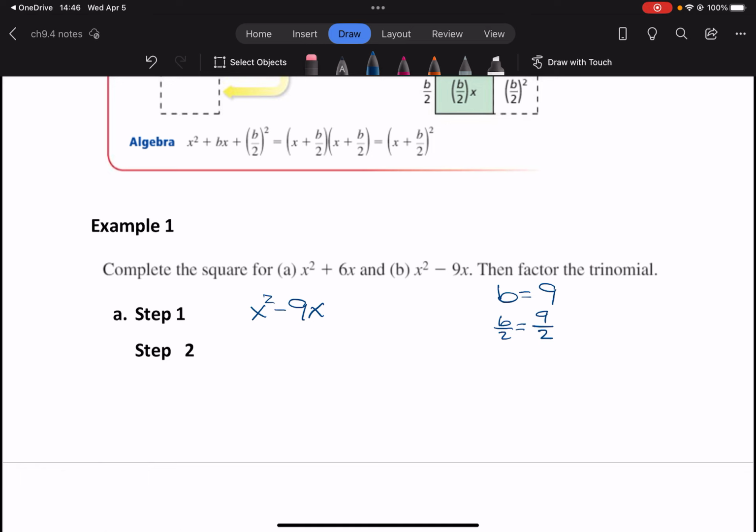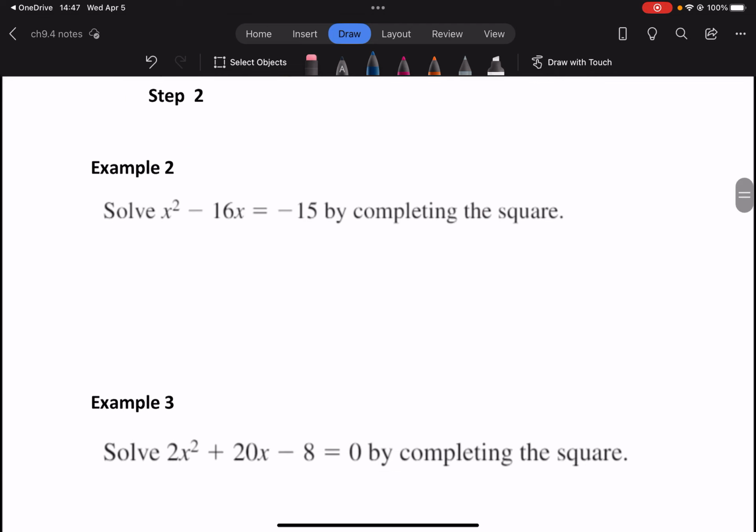And then b over 2 squared is 81 over 4. That is what we're going to add to both sides. Then when we factor it, I put the x, the first sign, and then whatever b over 2 is. So this one is 9 over 2, squared at the end. The factoring part is very easy. Once you get completed the square, it's pretty much done. You got all the information that you need.